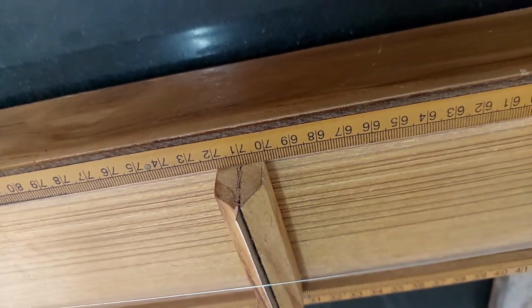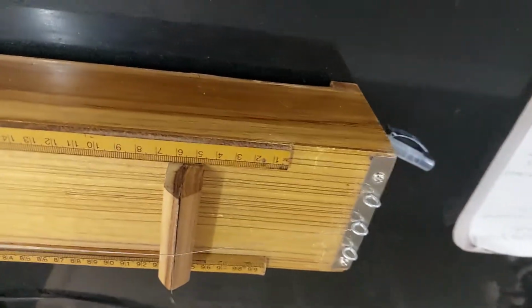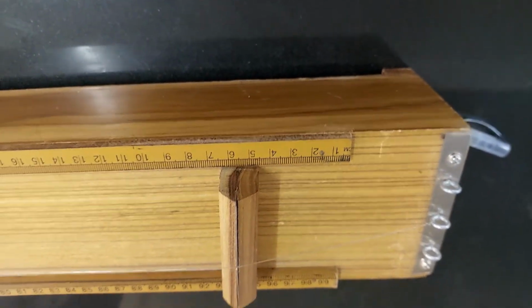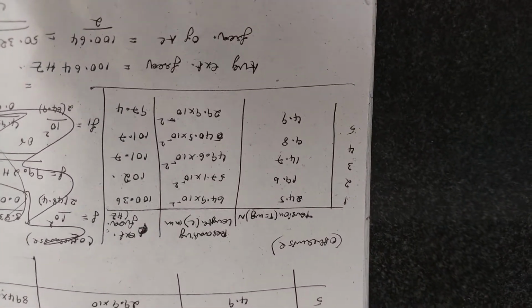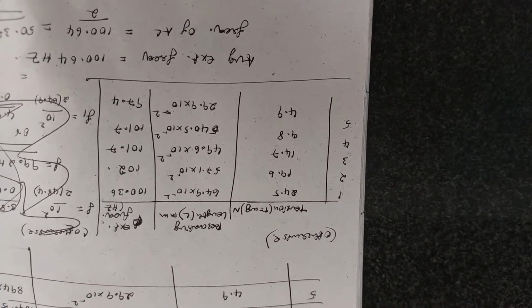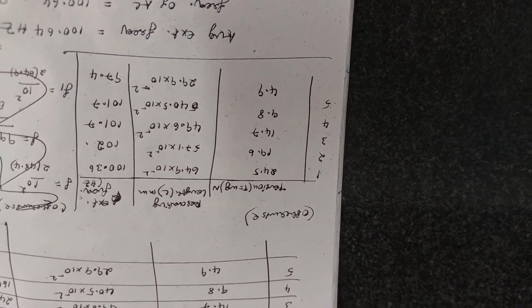So as I said earlier, you have to just measure the length between the knife edges, which is around 71 minus 5.5 or something. I have already taken the readings. So we'll get 64.9 centimeter for 24.5 newtons of tension. So why is it 24.5 newtons?